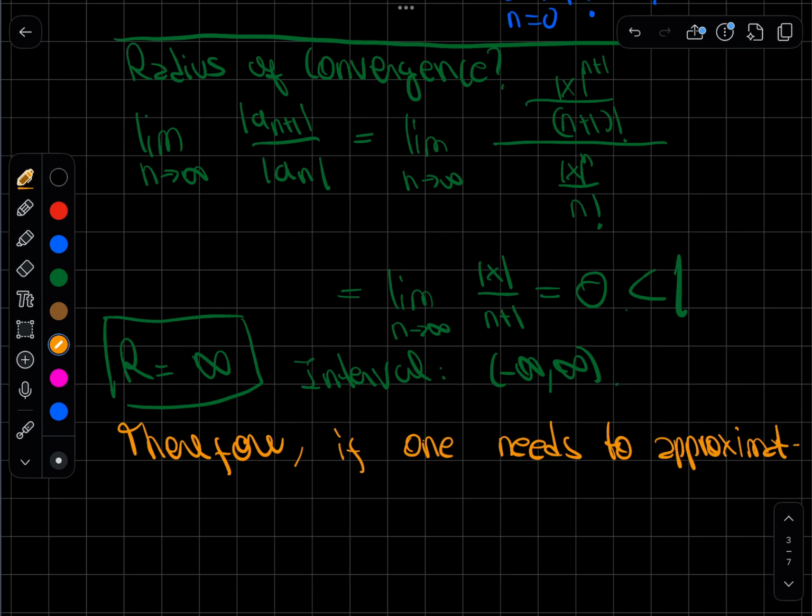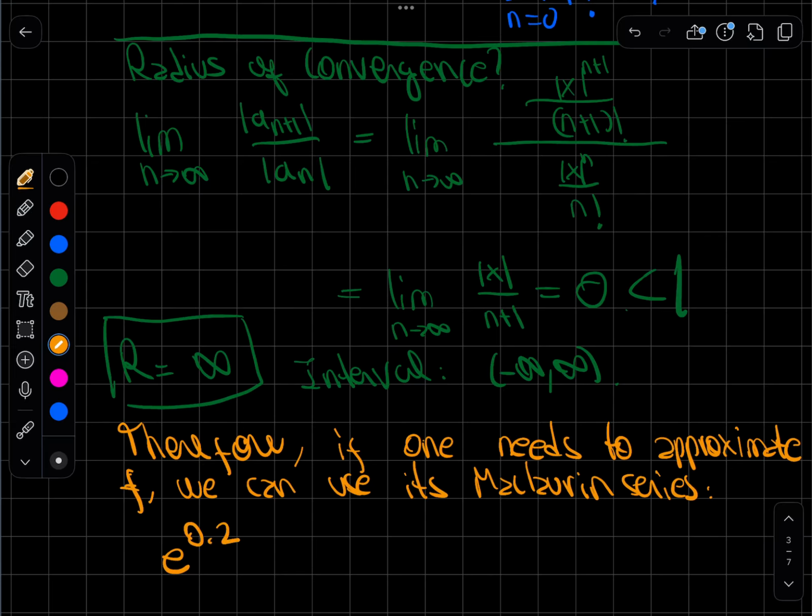If I need to approximate f, we can use its Maclaurin series. So let's say I need to find e to the power 0.2. Well, this is, as I know, the sum of 0.2 to the power n over n factorial, right?